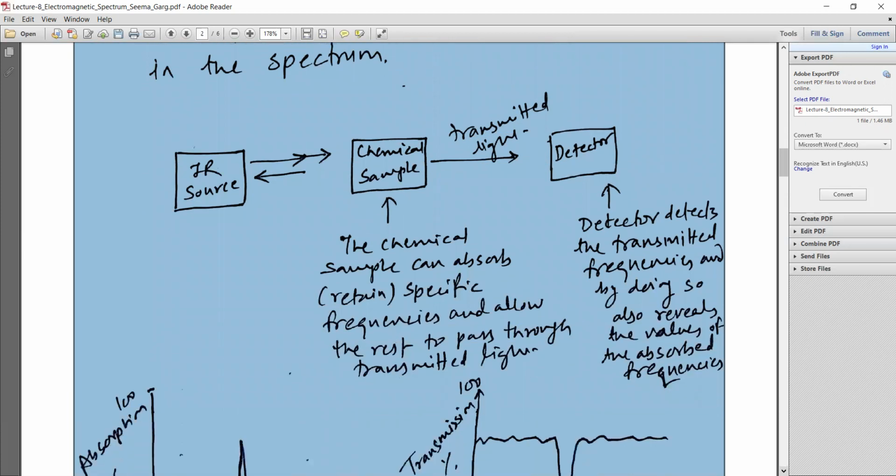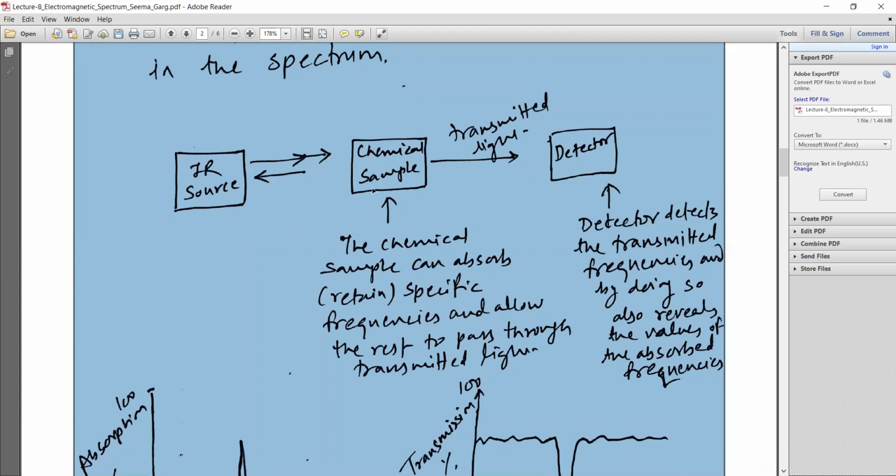See here, IR, this is the source, and this is the organic chemical sample, and then light is transmitted from the sample.